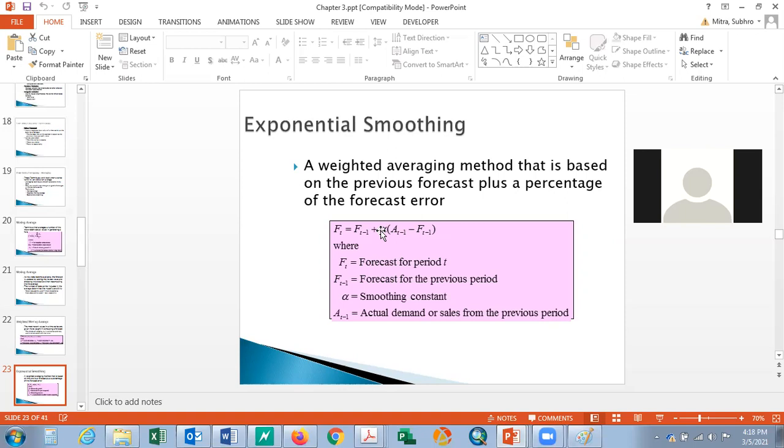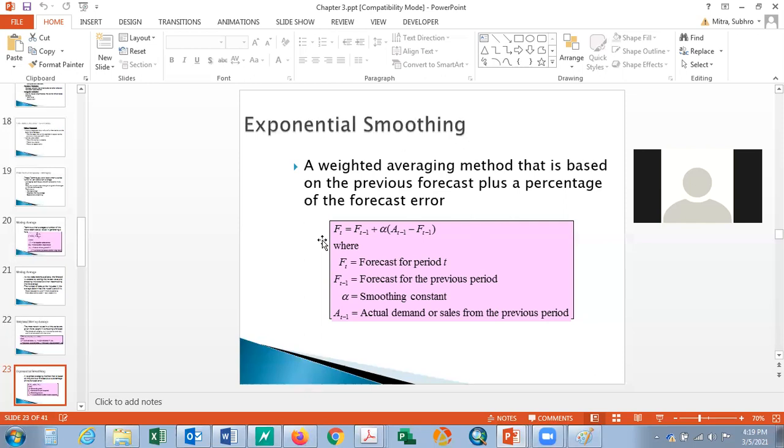From your examination point of view, I'll be giving you this value of alpha. Or it might so happen you have to calculate alpha, but the rest should be given. So you have to just manipulate the formula and calculate the value of alpha. For this formula, I'm explaining with more practical terms.